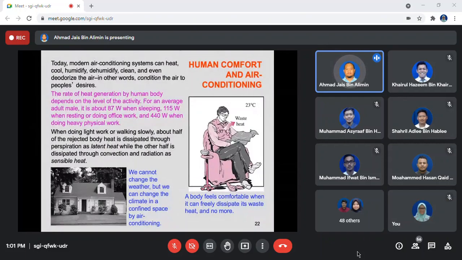Okay, briefly on human comfort and air conditioning. So why do we call it air conditioning? Because we want to make sure that we can transfer the heat to the surroundings, so a body feels comfortable when it can dissipate its waste heat. Okay, the moment you are able to dissipate the heat from your body, that's when you start to feel comfortable.